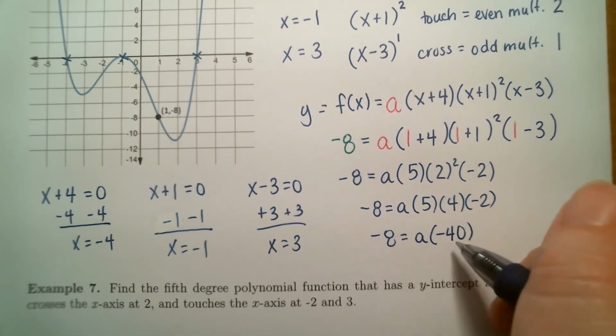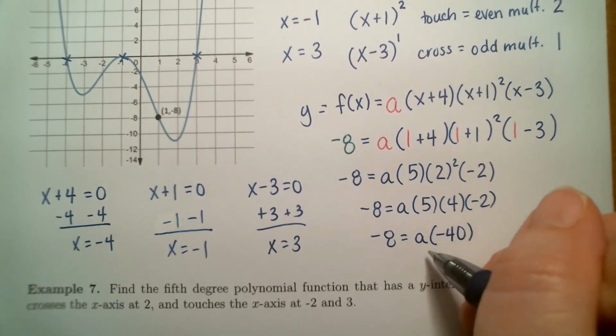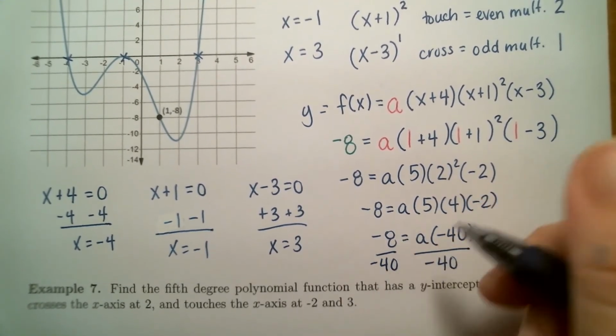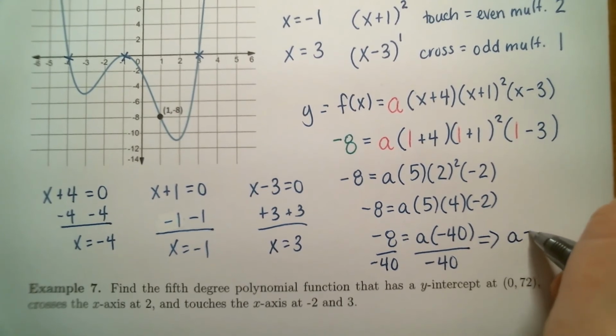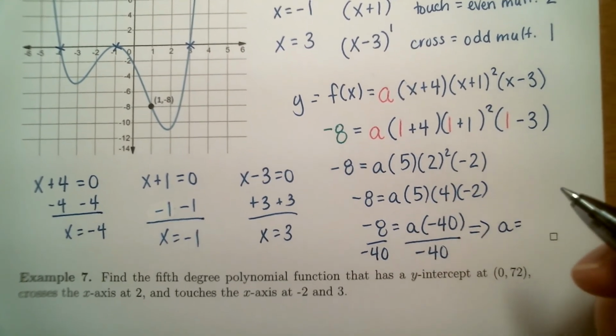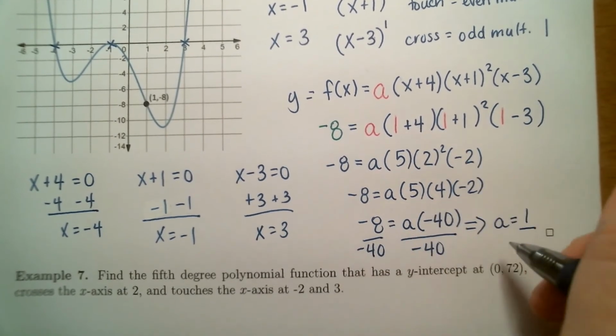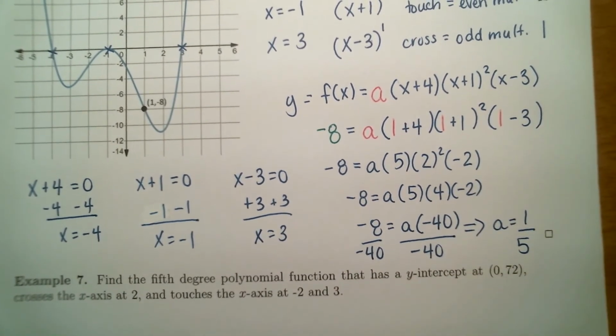And so now we can solve for A. A is multiplied by -40, so to undo that, we're going to divide by -40. So this tells us that A is equal to negative divided by negative is positive. 8 goes into 8 one time. 8 goes into 40 five times. The leading coefficient needs to be positive 1/5.